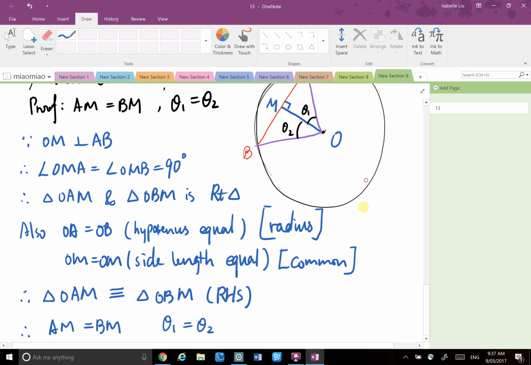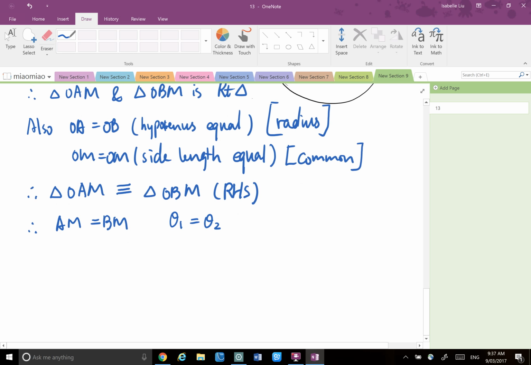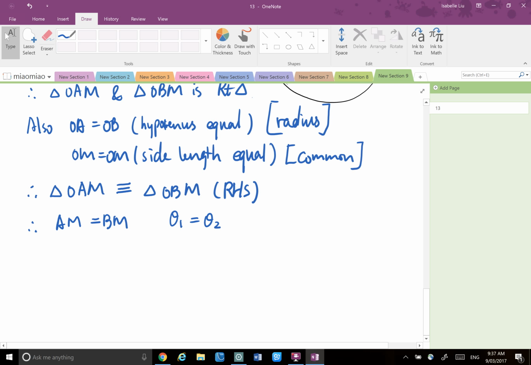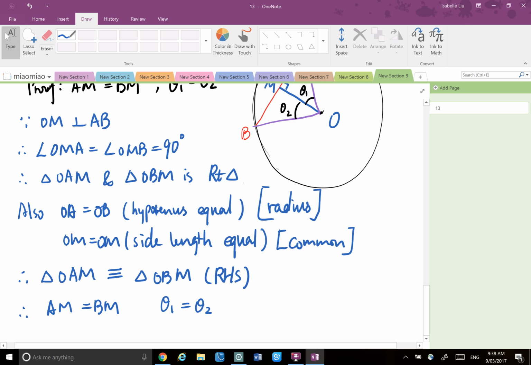Then I have proved that. So if you have OM perpendicular to AB, then AM must equal BM, and theta 1 must equal theta 2, because of this proof here.